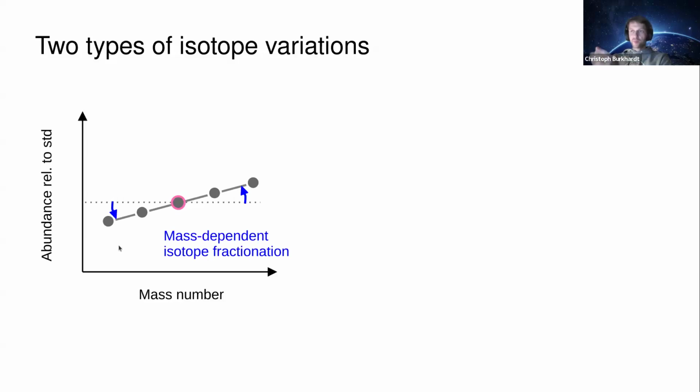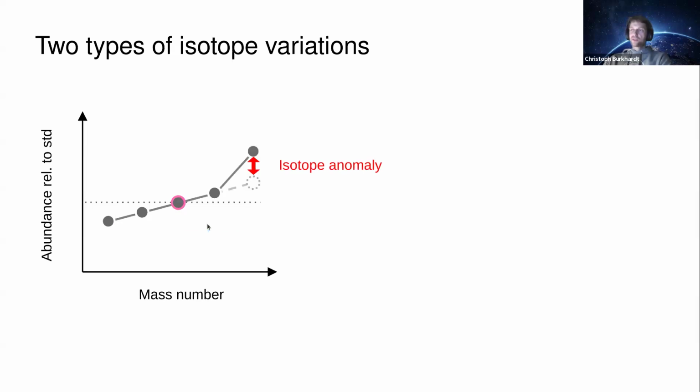And this can happen with more or less every process we can imagine. And now a mass-independent isotope variation, or an isotope anomaly, is an offset from expected mass-dependent behavior. So in this isotope here, we would have an isotope anomaly. This would be the expected value, but now this is more abundant than we would think just based on mass-dependent variation.